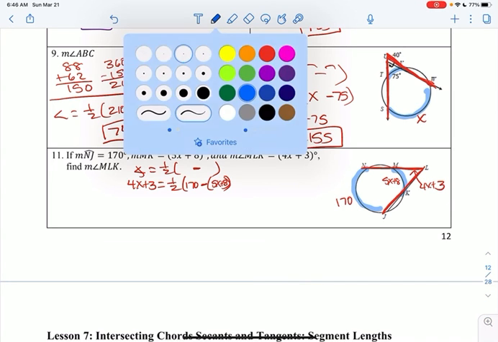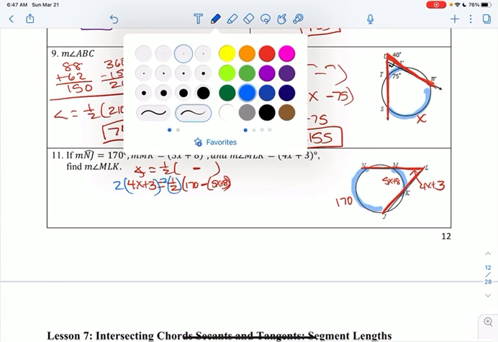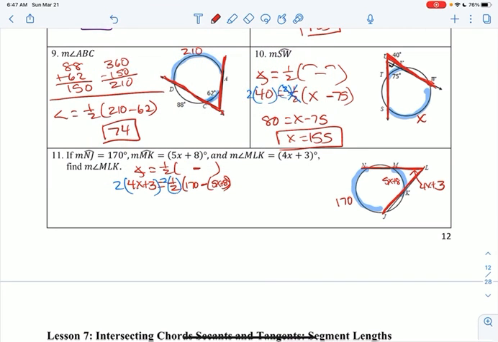I'm going to do the same thing as before. I'm going to get rid of that 1/2 by multiplying by 2, but that means I have to multiply the left by 2. So that 2 is getting distributed. It's 8x plus 6. The 1/2 is gone. 170 minus 5x minus 8. That negative sign has to get distributed to everything.